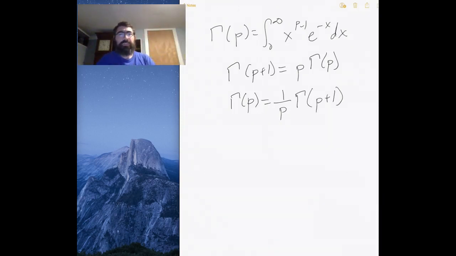If we turn around the recursion relationship, then we can start with a smaller number and base it on a larger number. So if we figure out what the larger number is, then maybe we can work our way down to smaller numbers, being negative numbers.